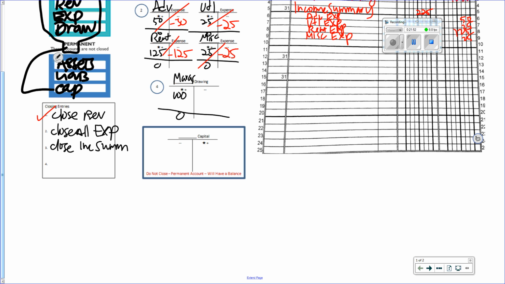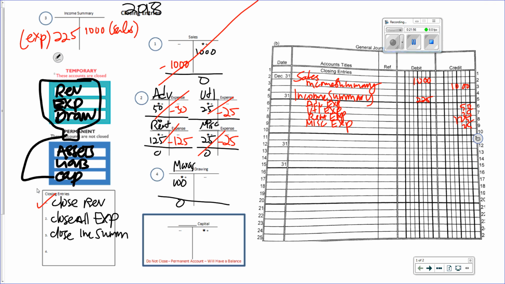Well, where in the world have we had income summary before? We haven't. It's just used to funnel revenue and expenses. By the way, we closed all the expenses as well. So here's where I think this gets pretty cool.